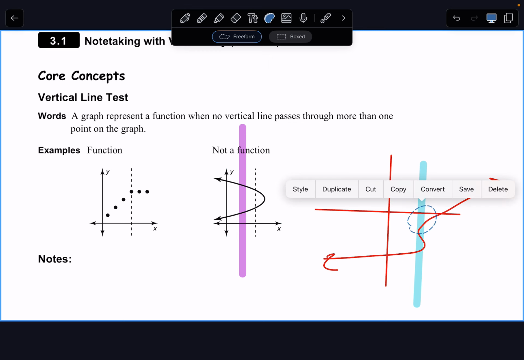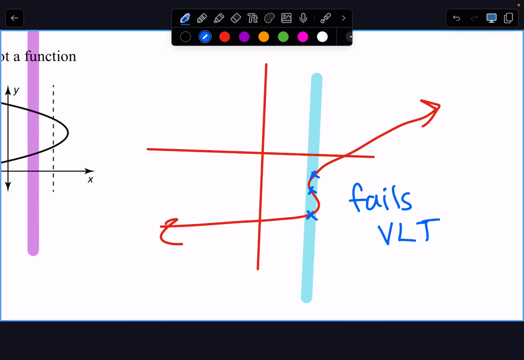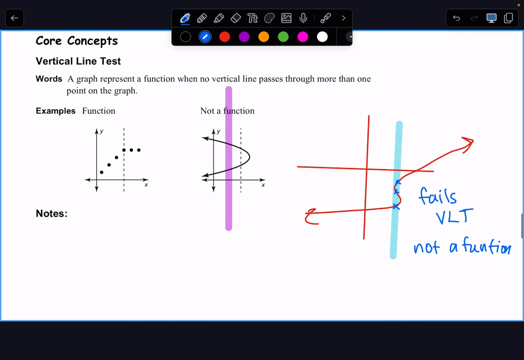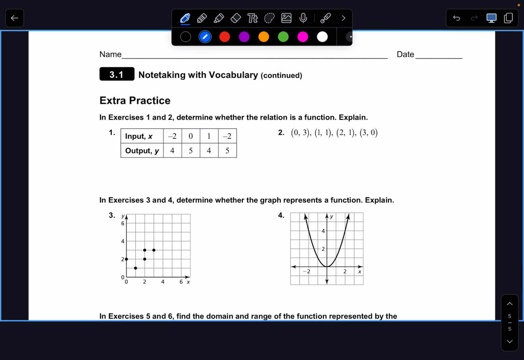We go through it more than once. So we fail the vertical line test because we go through here and here. There's actually 3 places. Okay, so this fails the vertical line test. Okay, so this is not a function. Okay, so I drew that really crooked. Sorry, people. What I want you to do is go to the next page and answer 1, 2, 3, and 4.